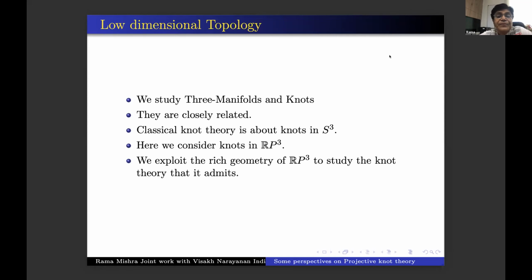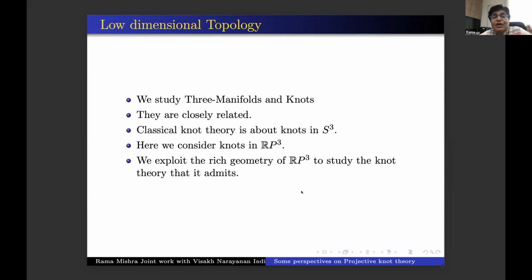Here I chose to study knots in RP3. The reason for the choice is that for RP3, one can bring an algebraic geometry flavor to it, because after all, knots are embeddings of S1 in RP3, and S1 is the same as RP1. So one could think of embedding RP1 in RP3 and do everything in a very algebraic way.